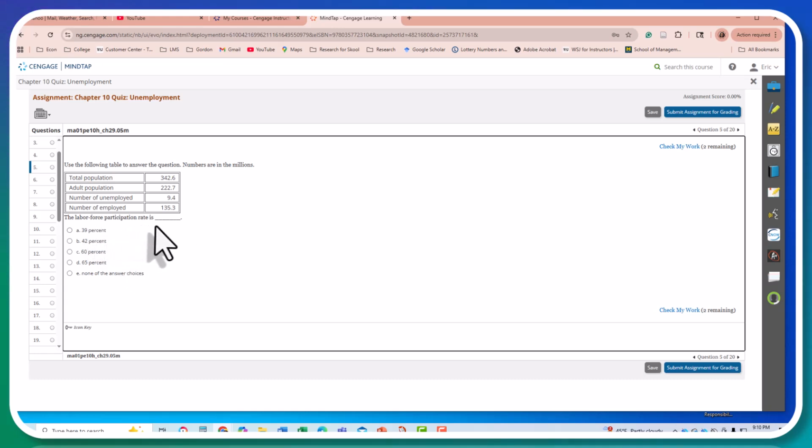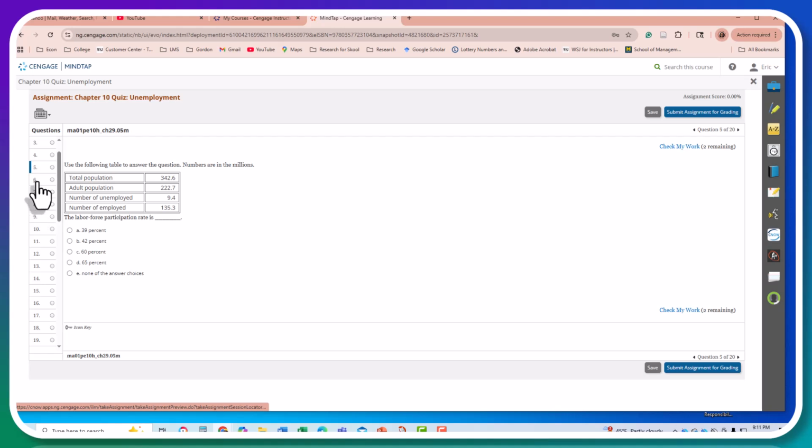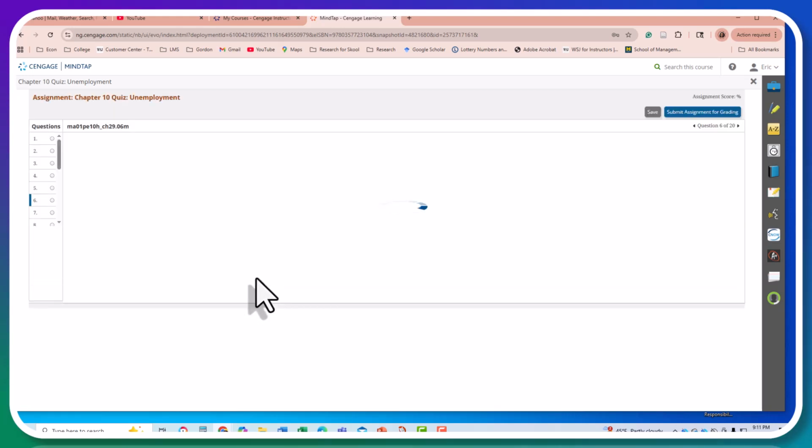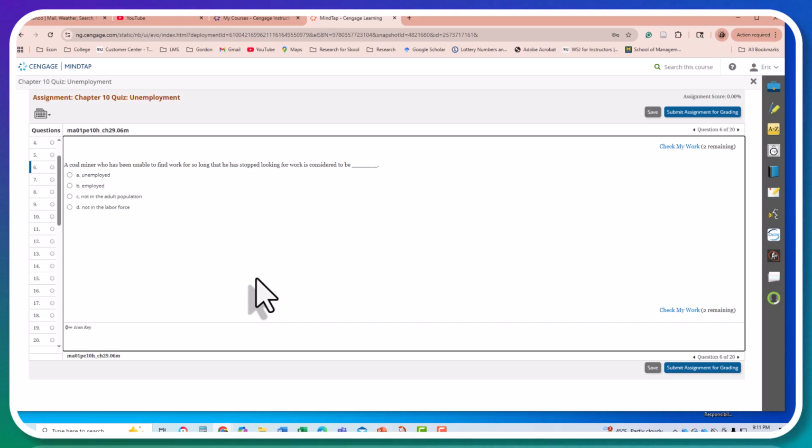Labor force participation rate: how many are in the labor force looking for employment and who are participating. Coal miner who's unable to work for so long has stopped looking.